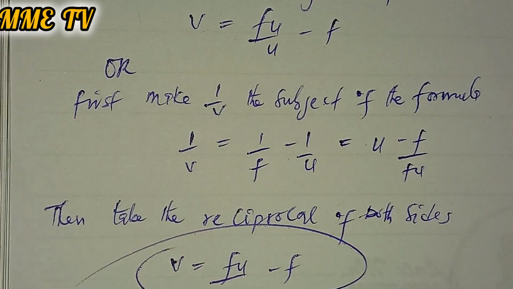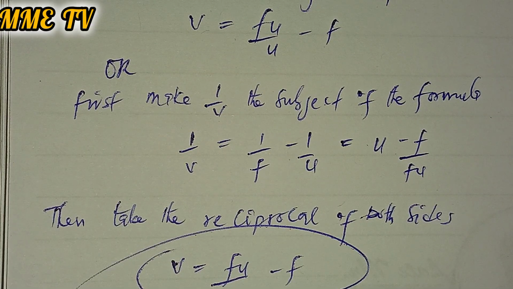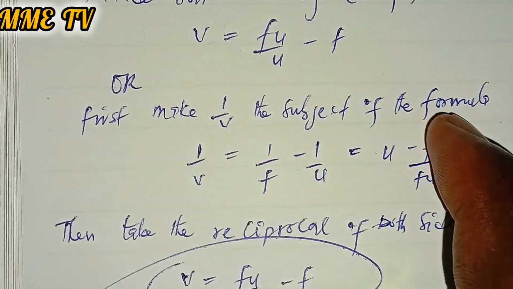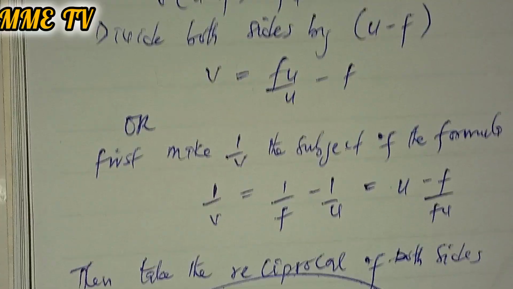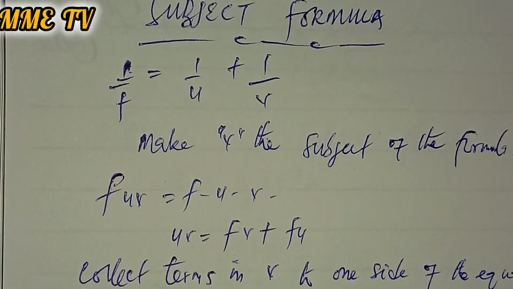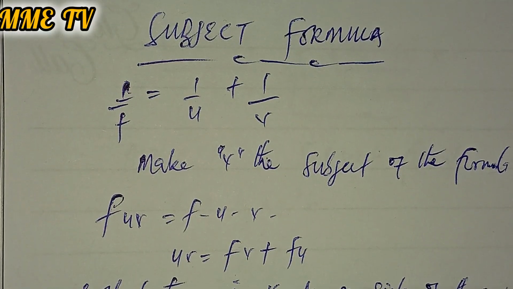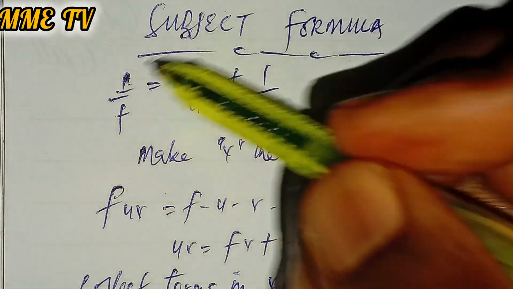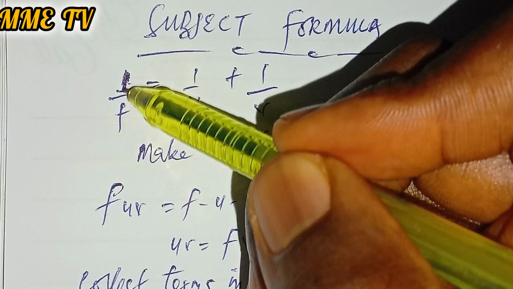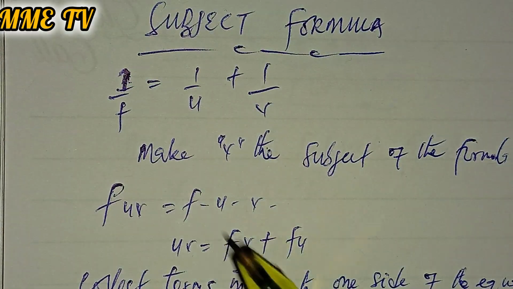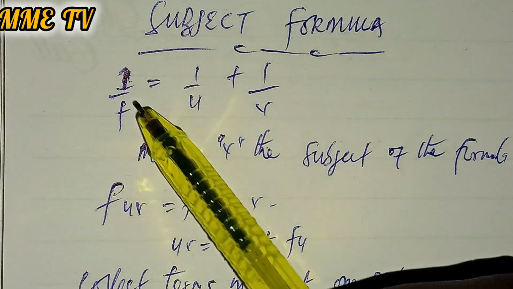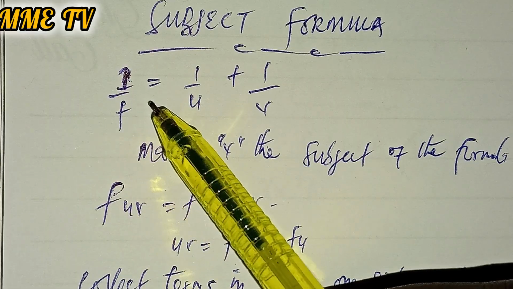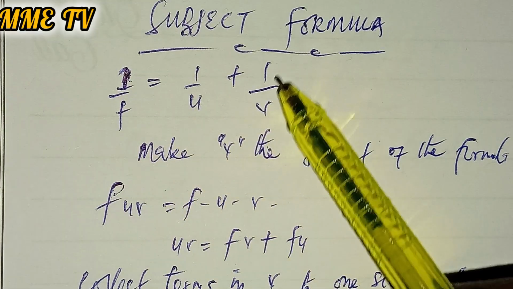Now, I want you to basically understand what this means. Making of subject formula. For you to successfully make an equation become a subject formula, the first thing in your mind is this: 1 over f equal to 1 over u plus 1 over v.